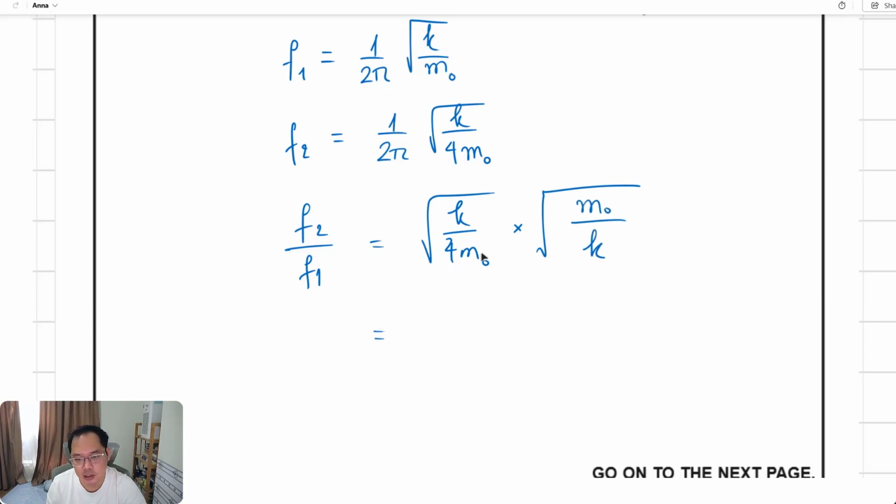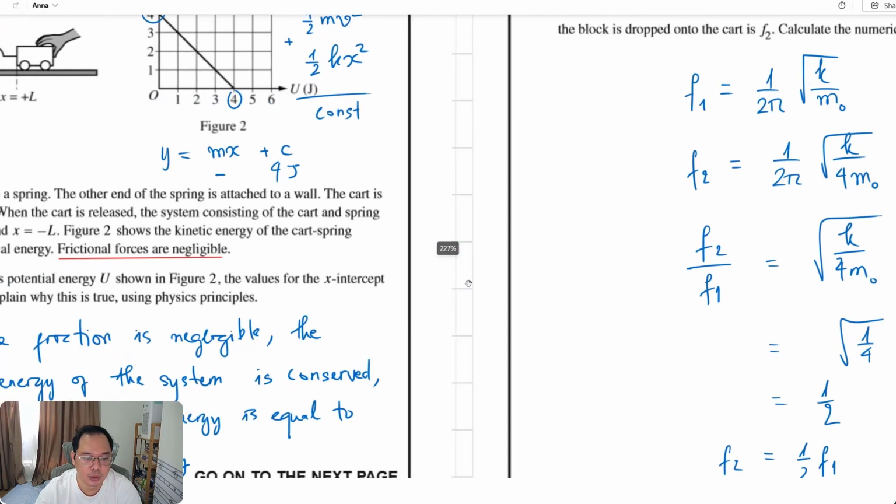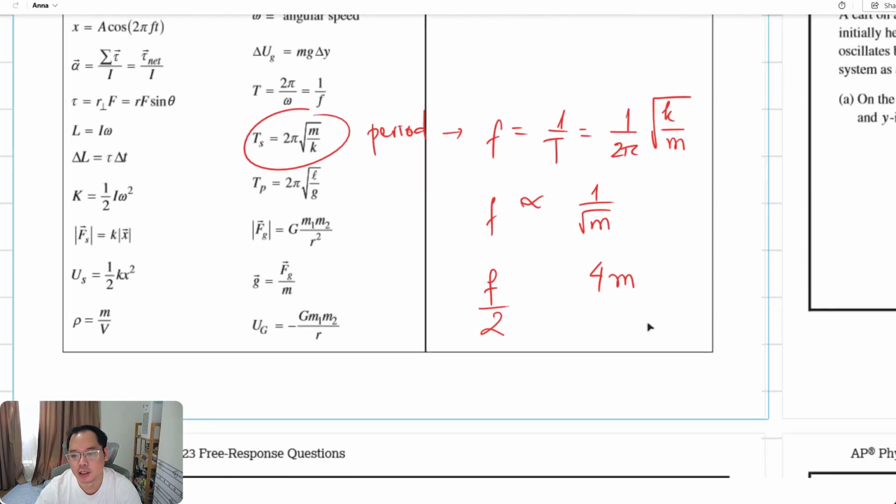And simplify this thing, k over k, we have 1/4, and the square root of 1/4 is 1/2. So this ratio is 1/2, meaning f2 is half of f1, which is the same as the argument that I made here. When the mass increases by 4 times, the frequency decreases by 2 times.